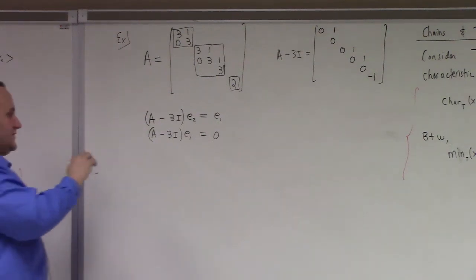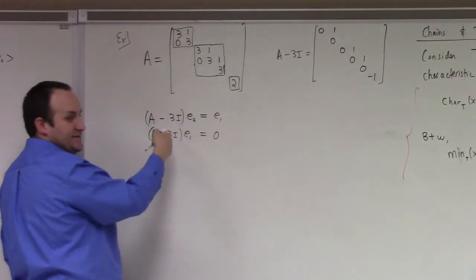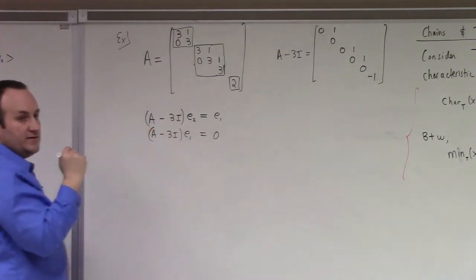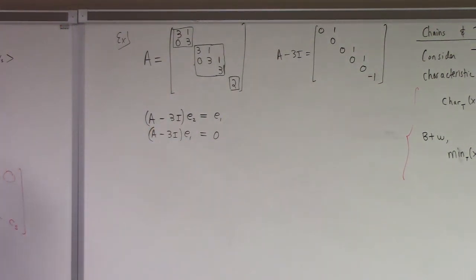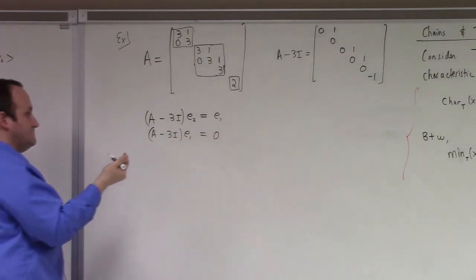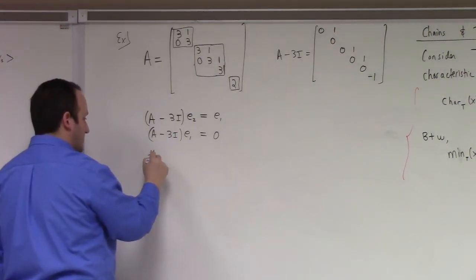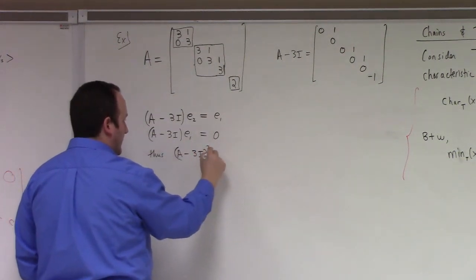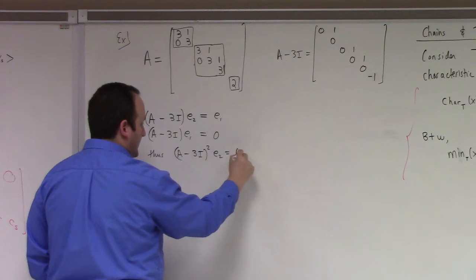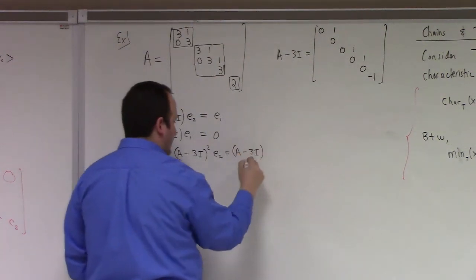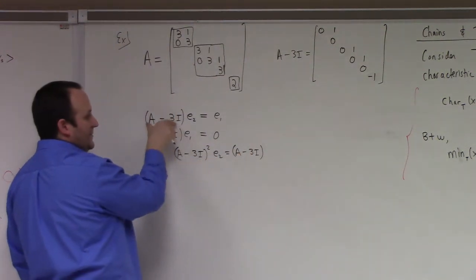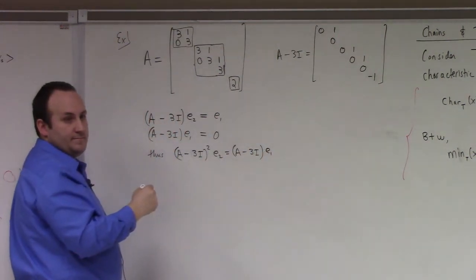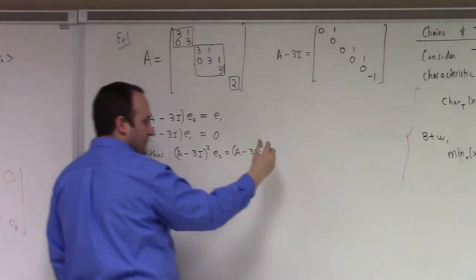So if you look at this, once you have these two things together, this automatically tells you that E2 is a generalized eigenvector of order 2. Why is that? A minus 3i squared times E2 is what? That's A minus 3i times, well, the first A minus 3i gives you E1, right? And then that is 0.